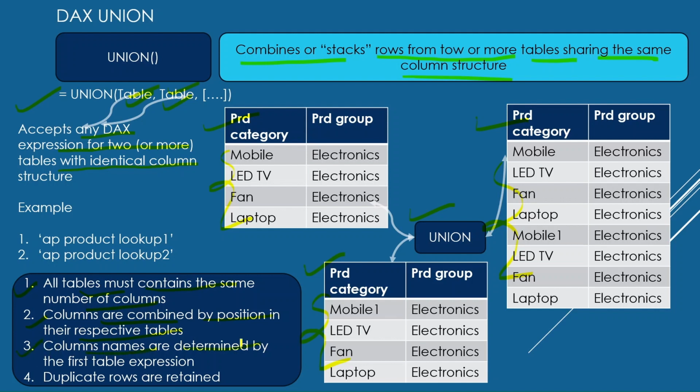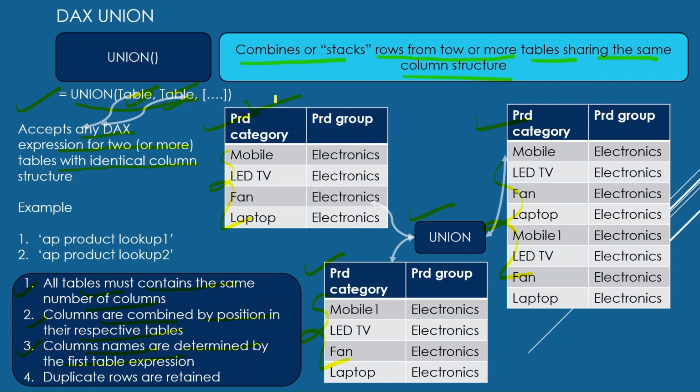Column names are determined by the first table expression. So whenever we determine the name of a column, it is taken from the first table or first table expression. For instance, suppose this is the signature.